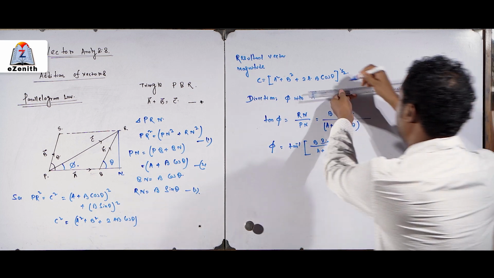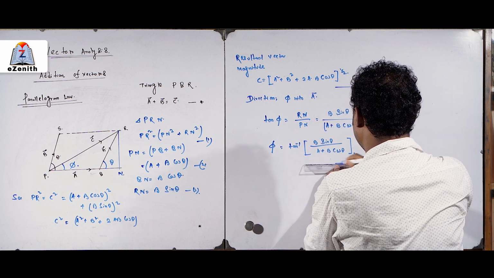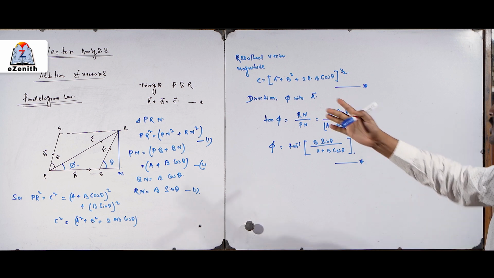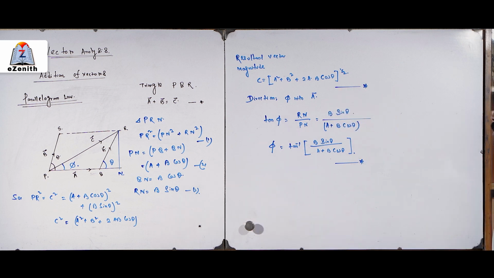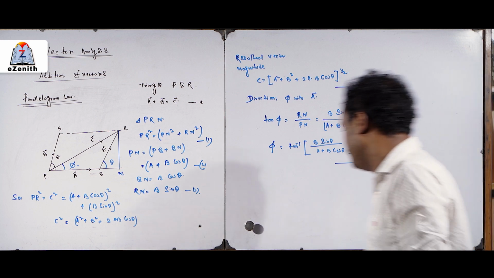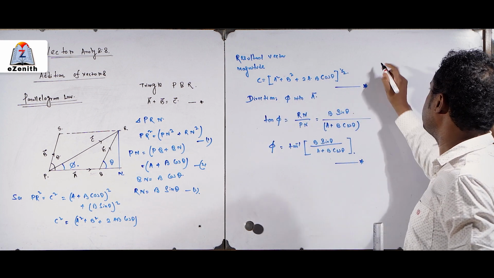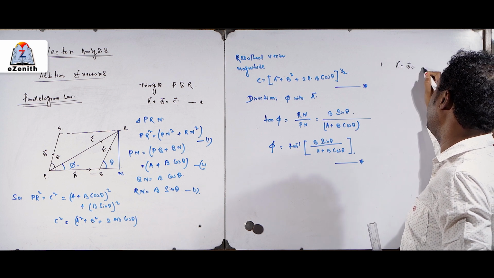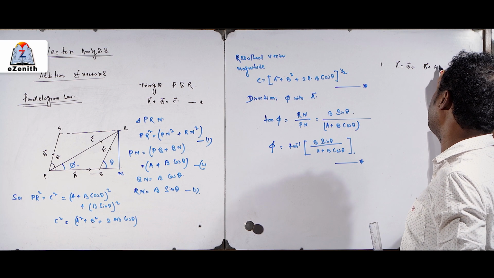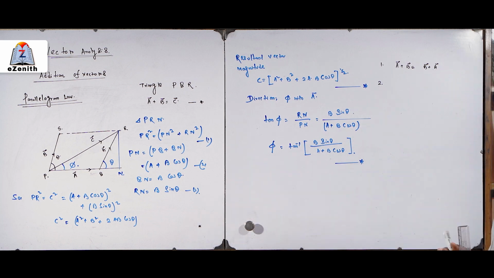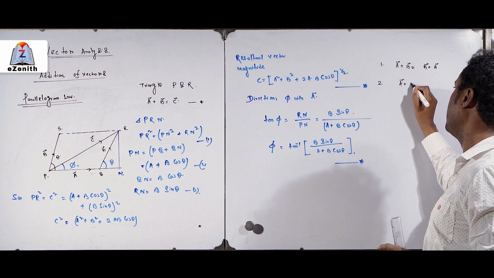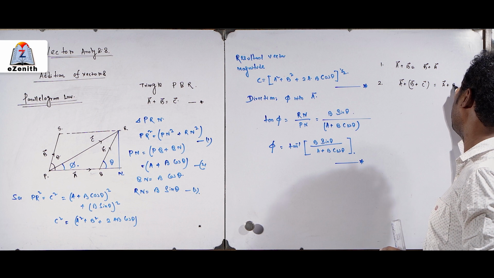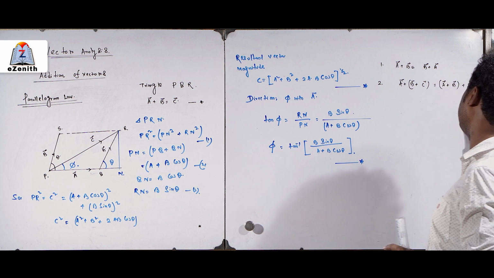So the most important equations are the resultant and its direction. The important points from this discussion: first, vector addition is commutative, that is A plus B is equal to B plus A. Number 2, it is distributive: A plus (B plus C) is equal to (A plus B) plus C.